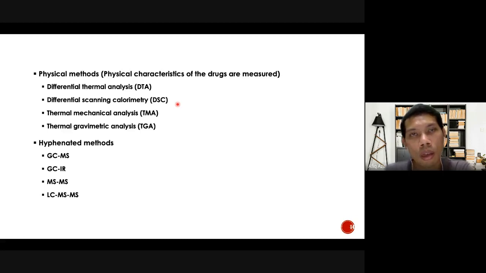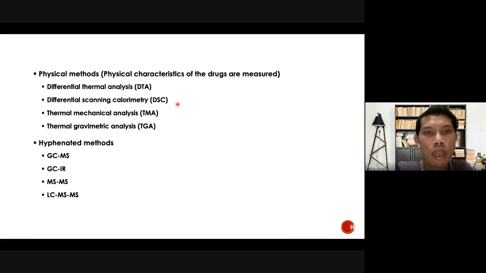Normally, if it doesn't contain any metals, it will start to decompose. For most organic compounds that I have tested myself, it starts to decompose at around 200 degrees Celsius, or maybe slightly more than that. And you also have these hyphenated methods.